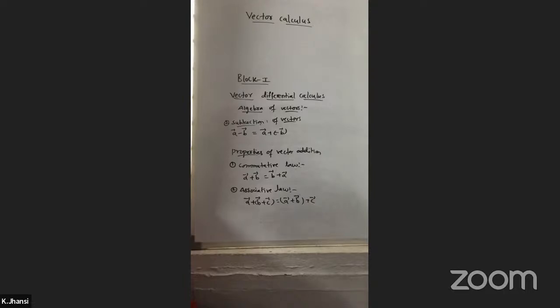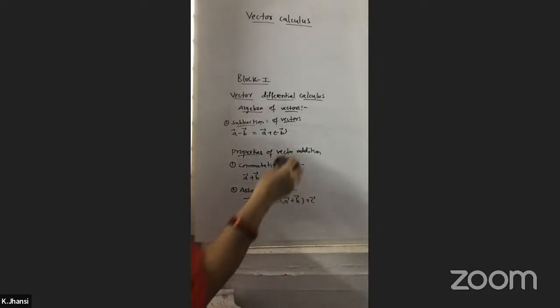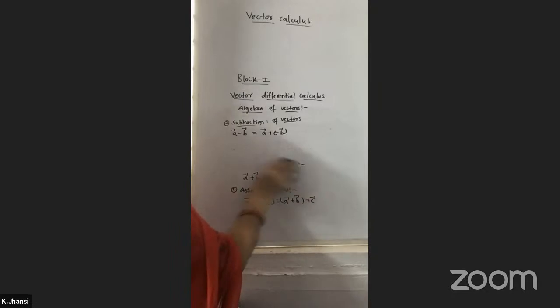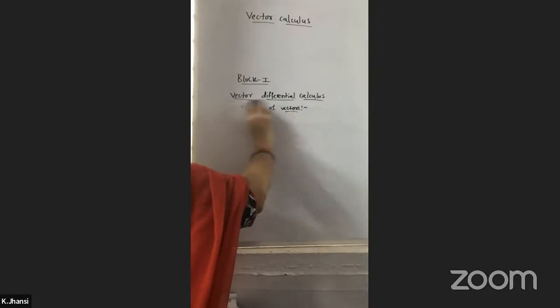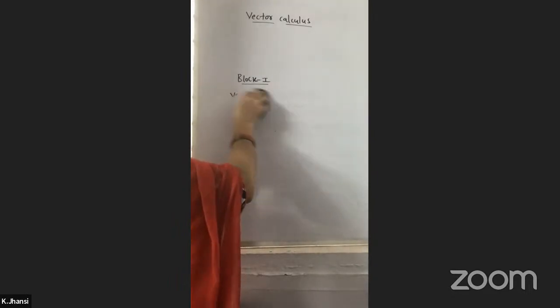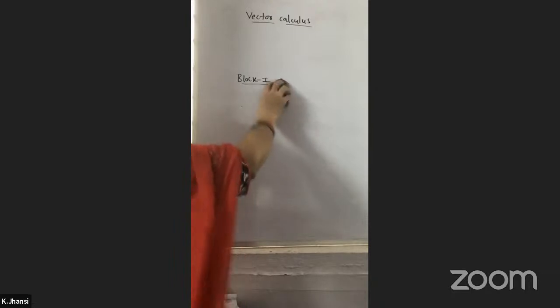So if two vectors lie in the same line, then we call them collinear vectors. In another definition, collinear points are points that lie on the same line. Here we are talking about vectors. So if two vectors lie on the same line, we call them collinear vectors.